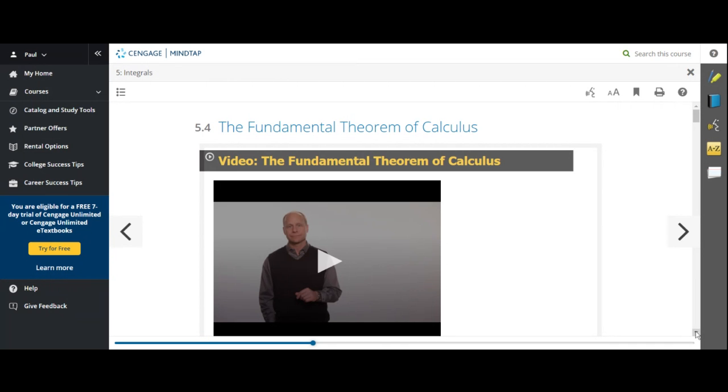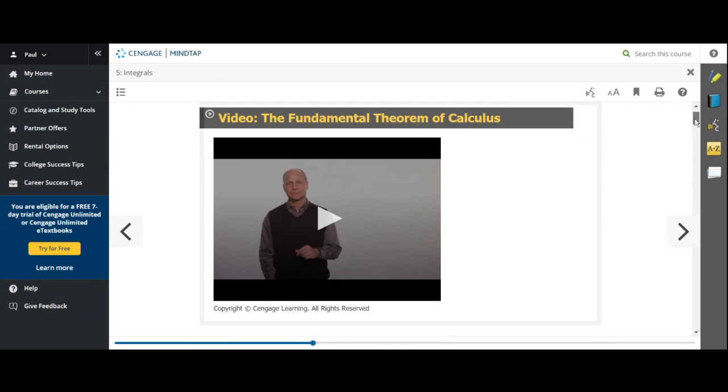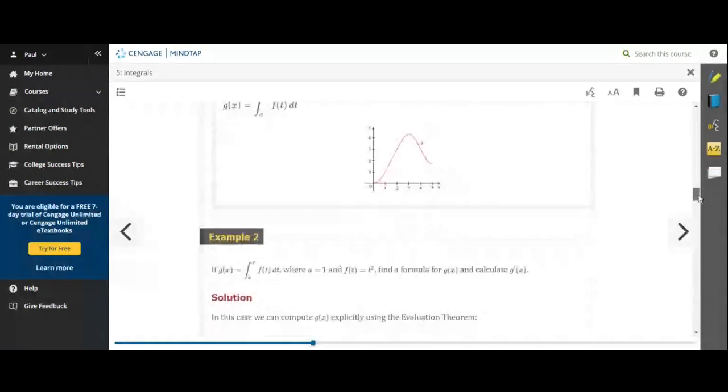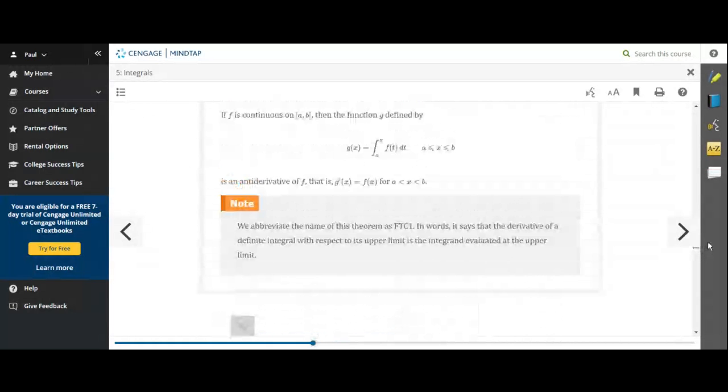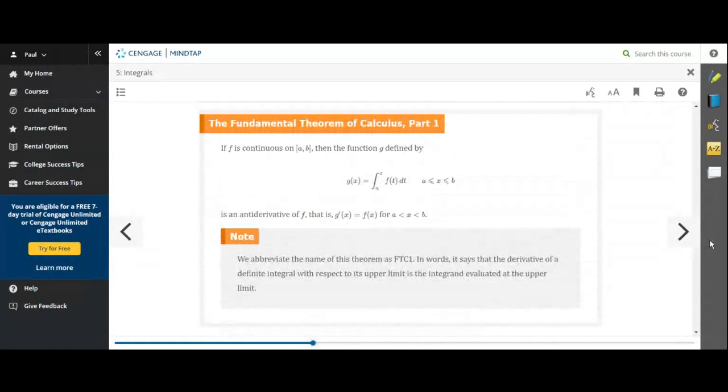We're going to get to what the fundamental theorem of calculus is. I'll just show you what it is. This is the fundamental theorem of calculus.